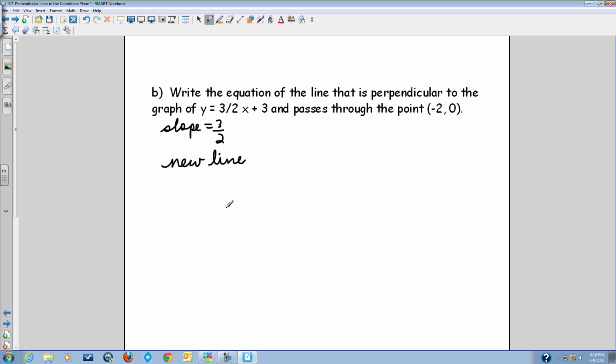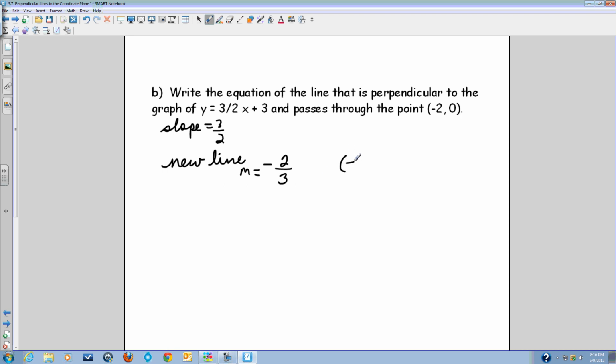Now it's perpendicular, so we'll have to take the opposite or negative reciprocal of 3/2. Well, we flip over the fraction, so it becomes 2/3, and change the sign so it's going to be negative. So our new slope is m equals -2/3.